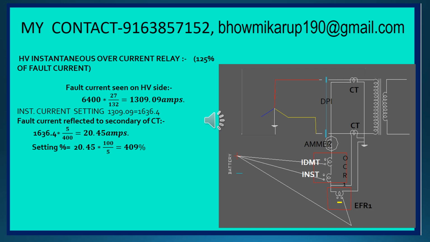So this 20.45 ampere is how many parts of 5 ampere of rated current? 20.45 parts... or 409%. So you set this thing and the relay will act accordingly.